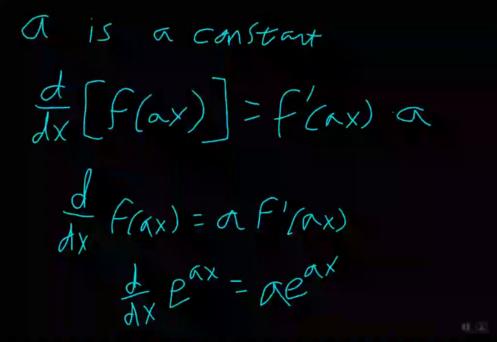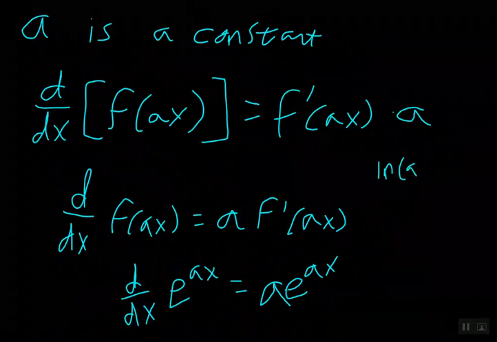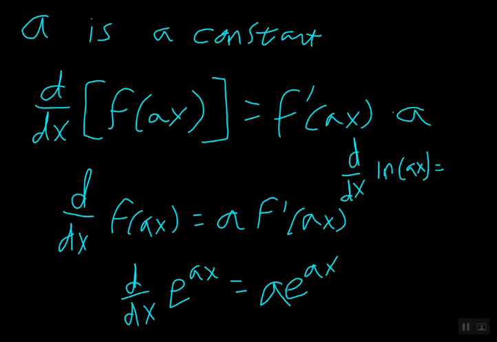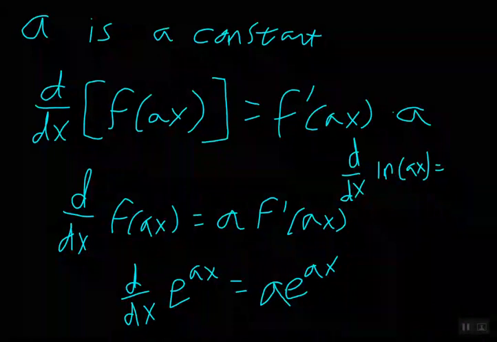One more example, hopefully you've got this. Look at the natural log of ax. What's the derivative? Now this is actually fairly interesting, and you can make sense of this using properties of logarithms.